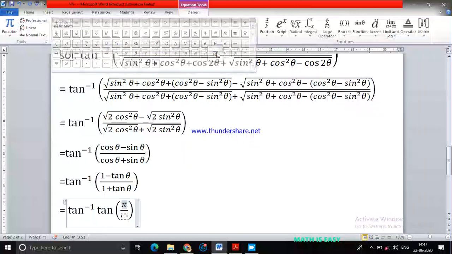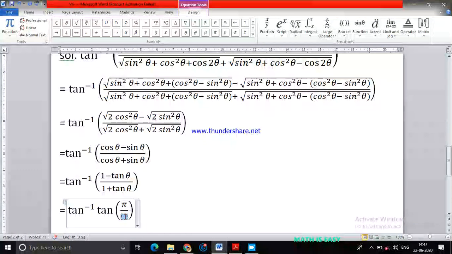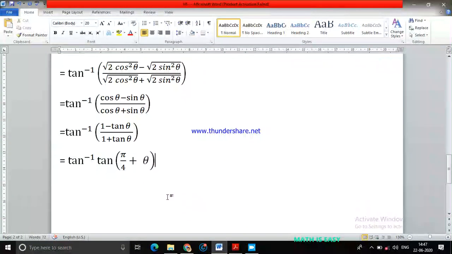I think we use this multiple times. So tan inverse of tan of pi by 4 minus theta is nothing but simply pi by 4 minus theta.